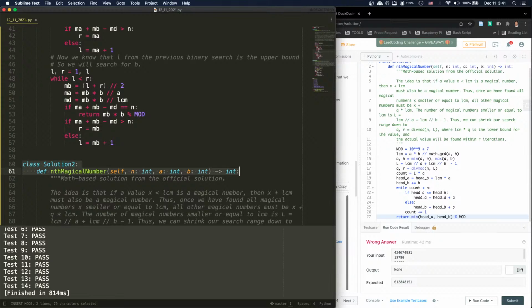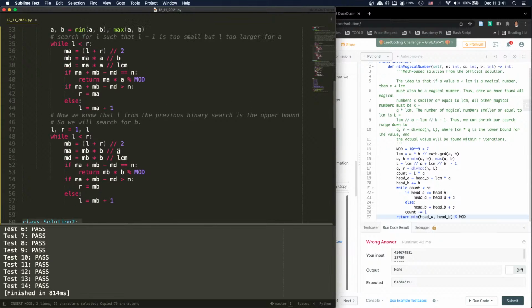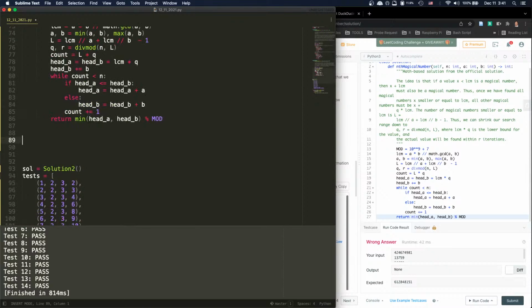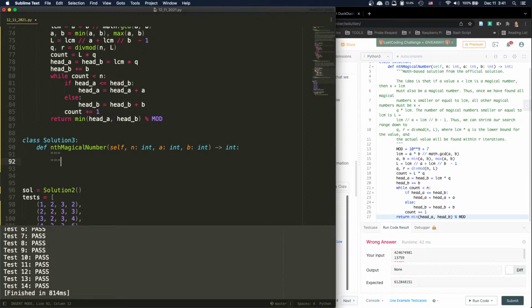I don't know why I did not do that, because I was binary searching on the multiplier, but we can binary search directly on the result, from the official.